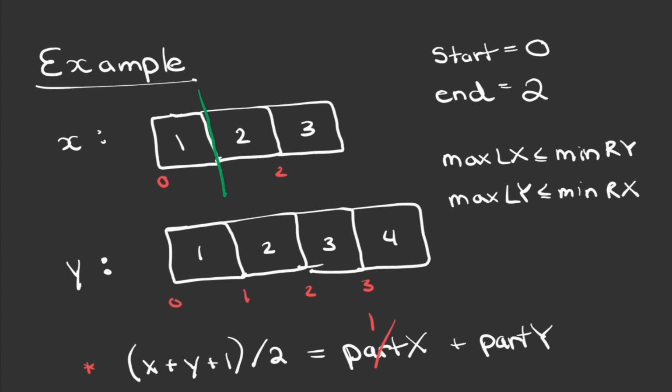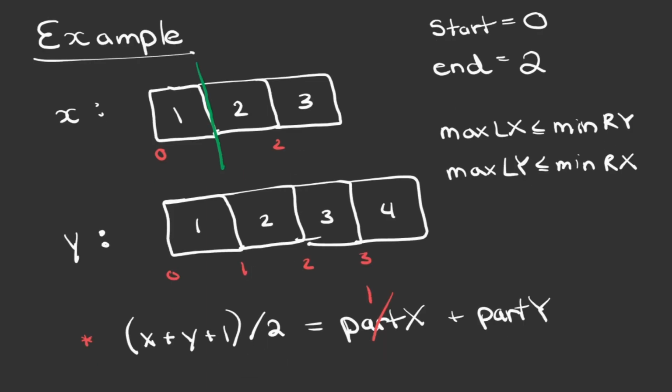And in this case, x and y are the lengths of the arrays. So x is 3 and y is 4. So then we find that partition y is 3. We can go ahead and create a partition at 3 as well. Then if we list out the elements of each of the partitions, we see from x on the left side we have 1, and on the right side we have 2 and 3.